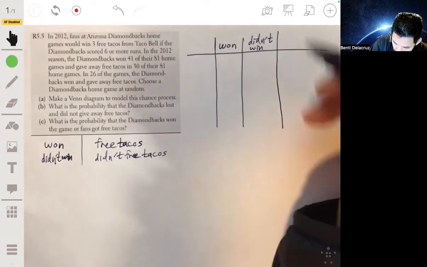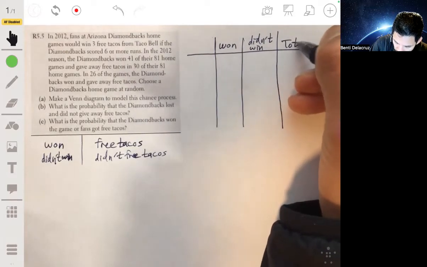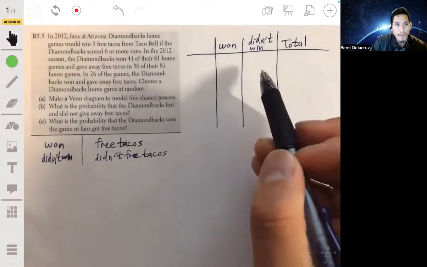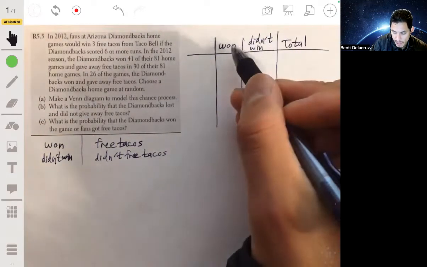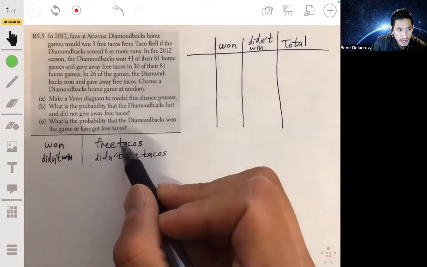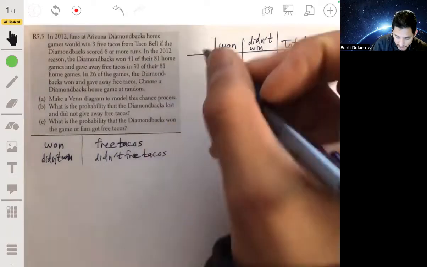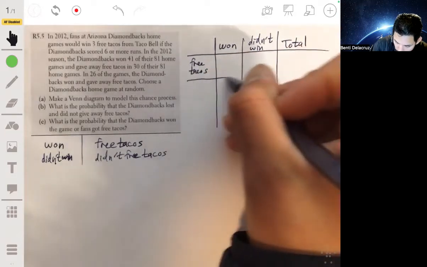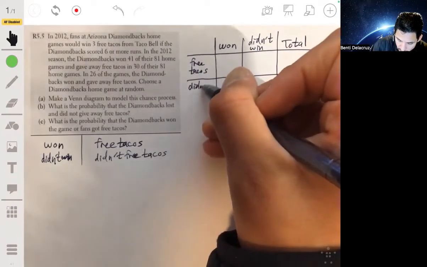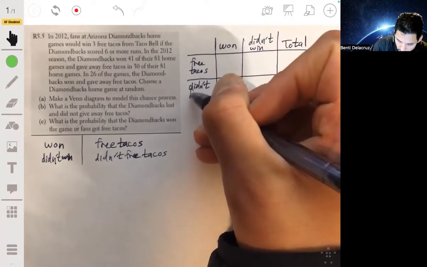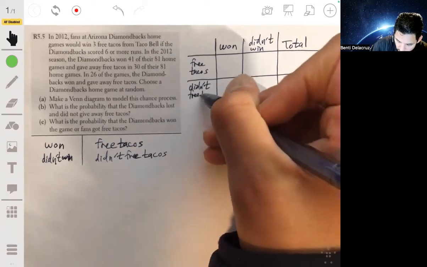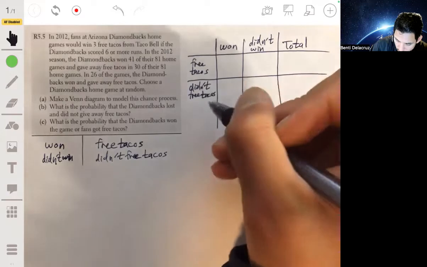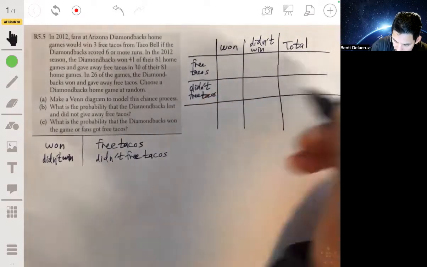And then the last column will obviously be for the total. Here's one event. They won or they didn't win. Now we look at the other event. They either got free tacos or they didn't get free tacos. And we do the totals again.